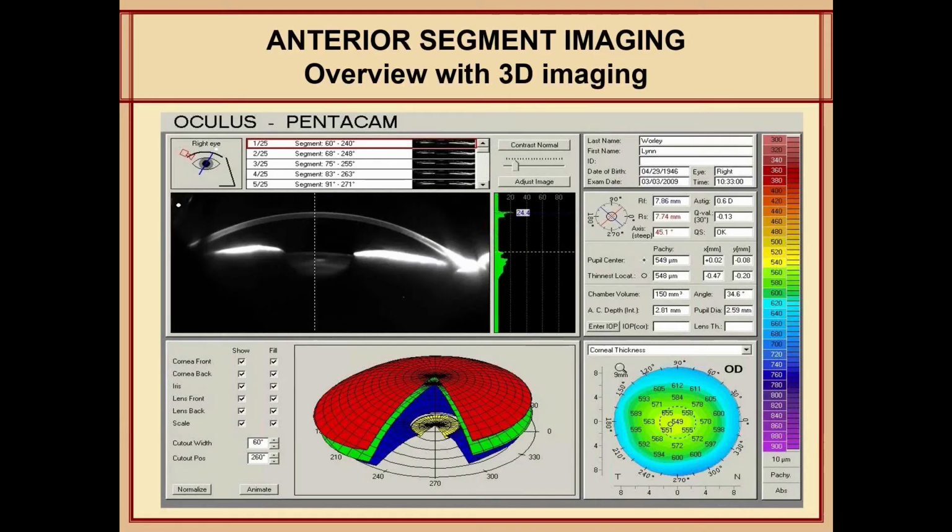Let me tell you about the Pentacam reports. This is what you print out from the Pentacam. The most common one that they show you in advertisement and that many people like to look at is this anterior segment imaging with the 3D imaging and a very nice computer program image that you see here on the bottom left side of the screen.